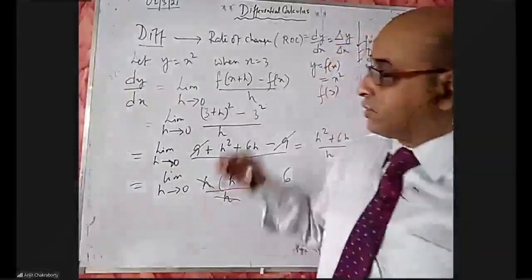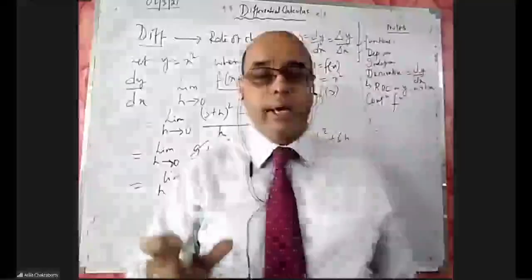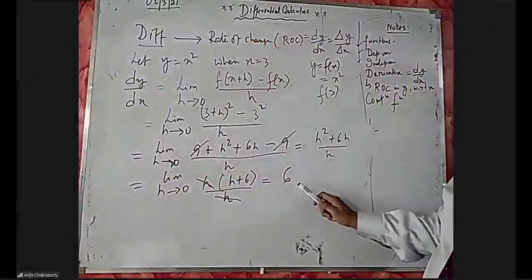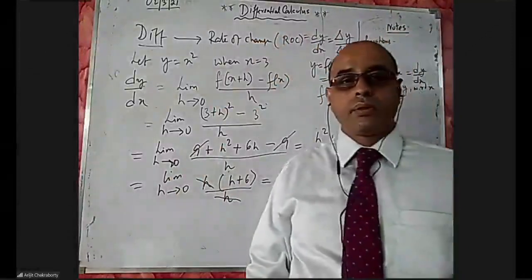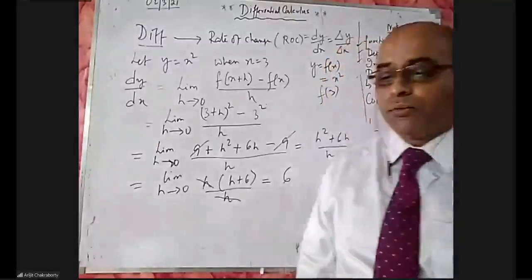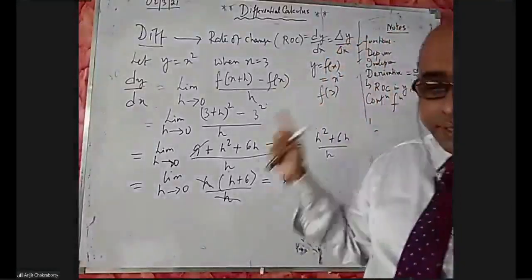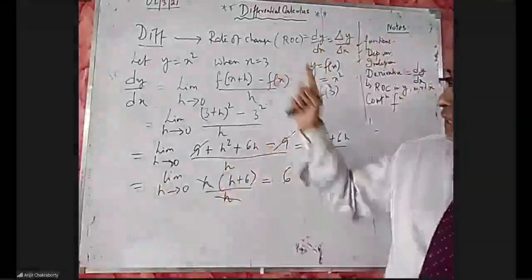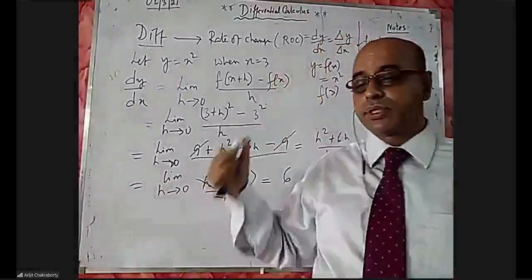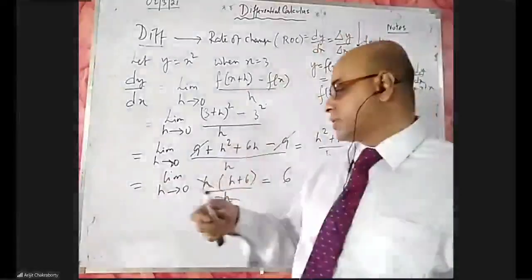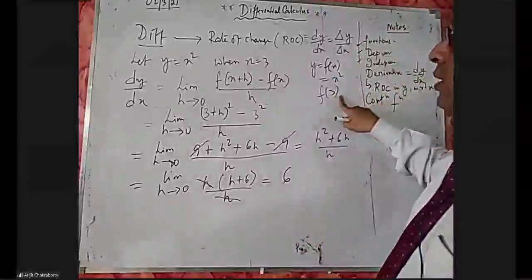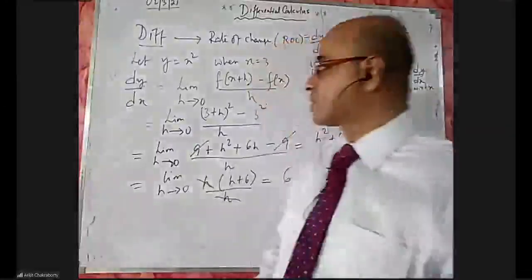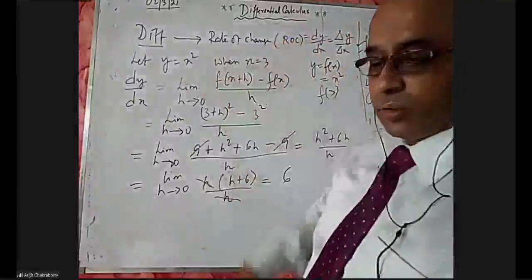So the differential coefficient of y equal to x square at the point x equal to 3, the answer is 6. This is how we find out the limiting value, and the limit is the value which y gets as x approaches 3. That means as x is moving towards 3, y will move towards 6. In this case, this is the differential coefficient.